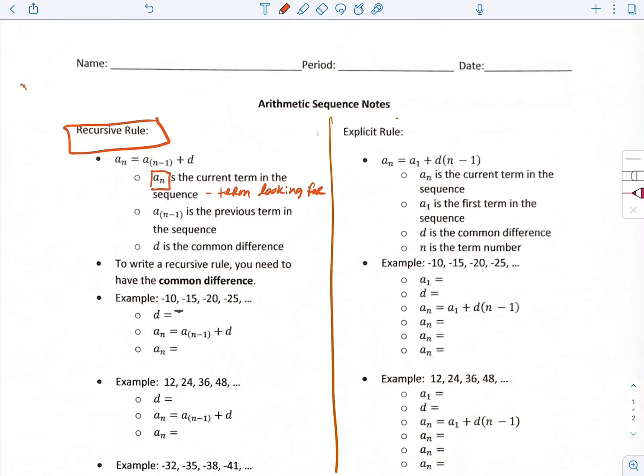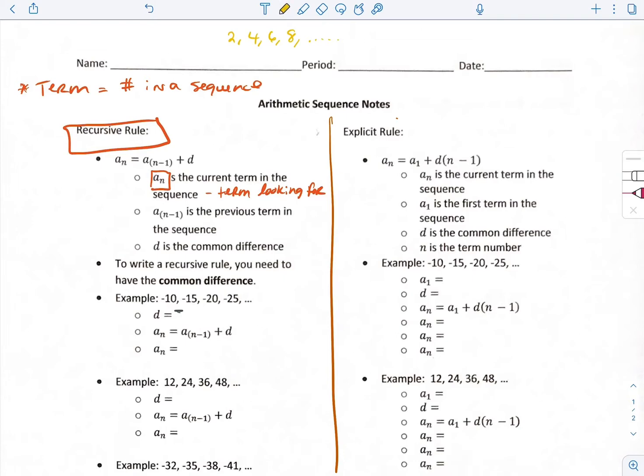And just a little background knowledge. A term just means a number in a sequence. So if I give you a pattern, that's what a sequence is: 2, 4, 6, 8. These numbers are called terms.